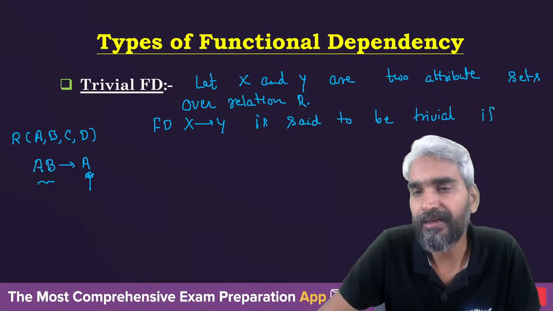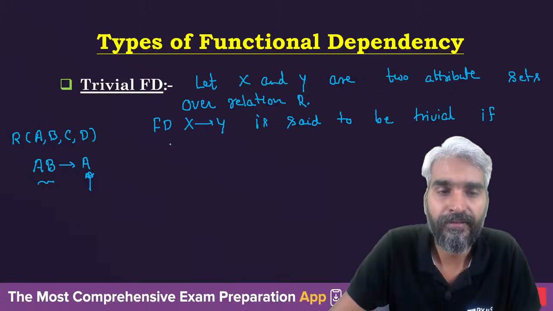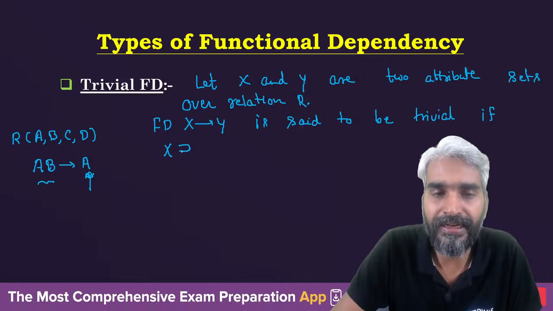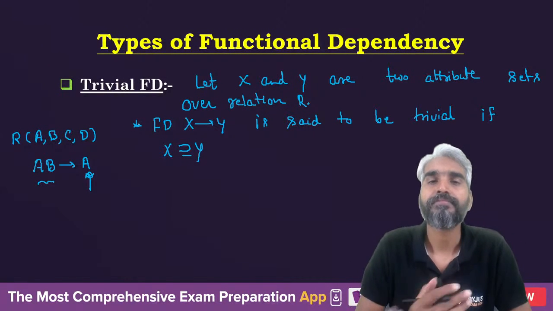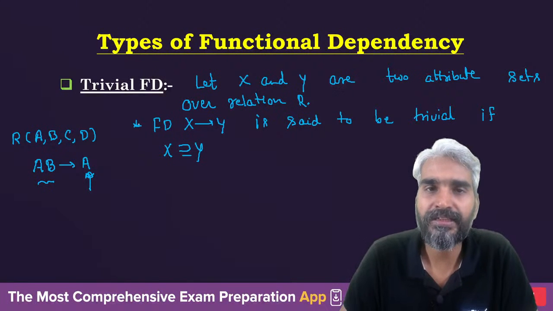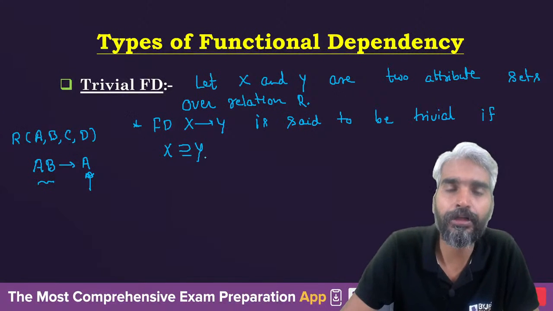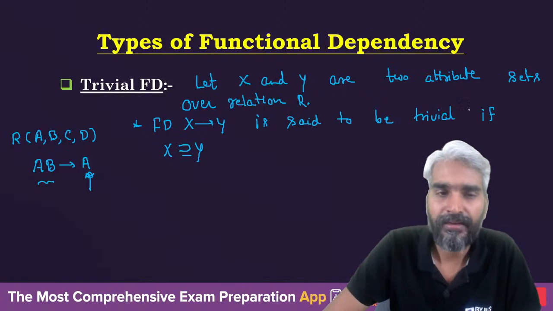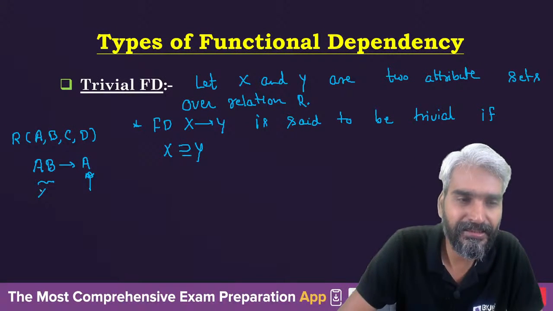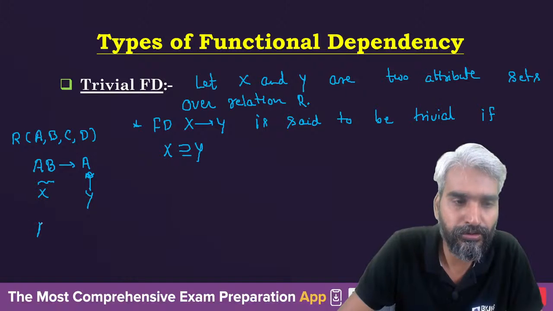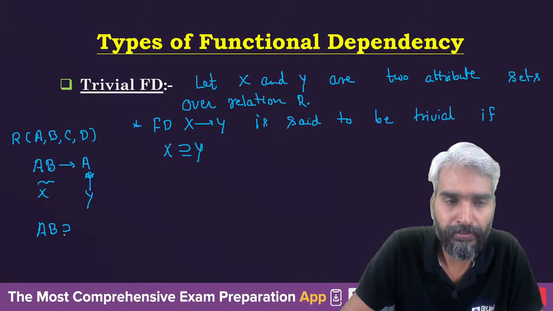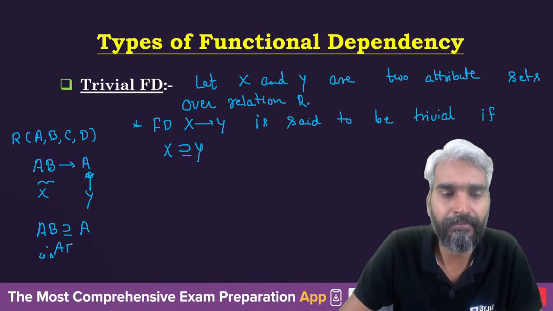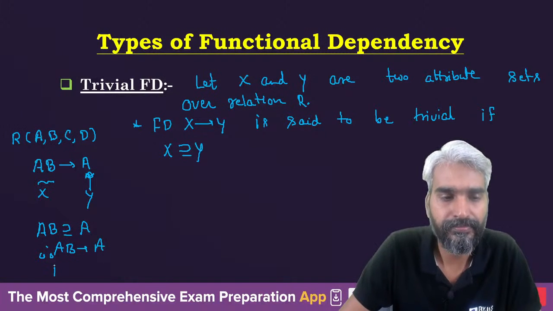FD X implies Y is said to be trivial if X is a superset of or equal to Y. So yeah, clear? This is the idea. In this case, this is your X, this is your Y. You can actually see AB is a superset of or equal to A. Therefore, AB implies A is trivial.